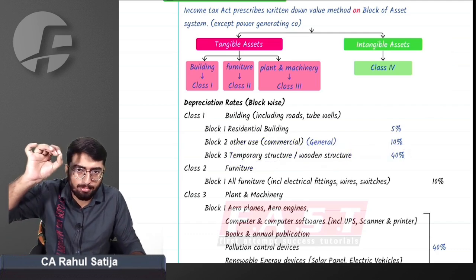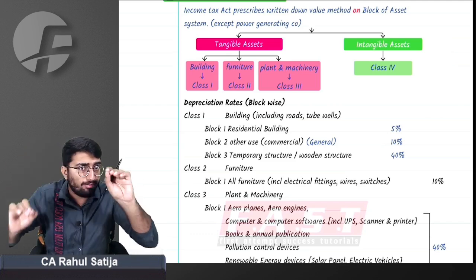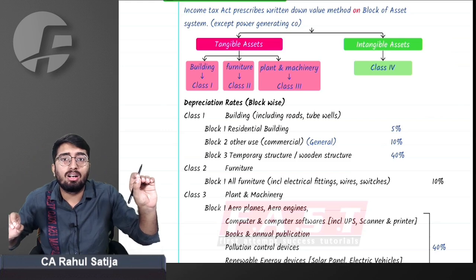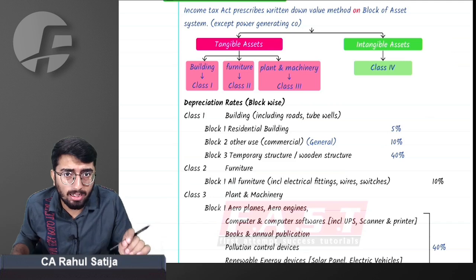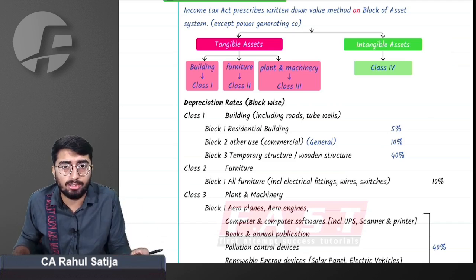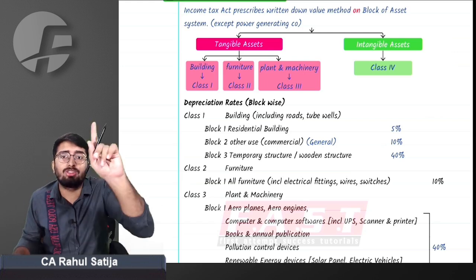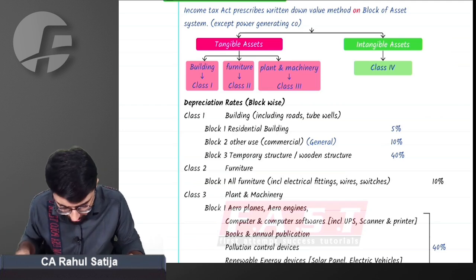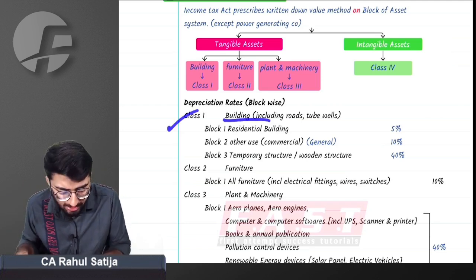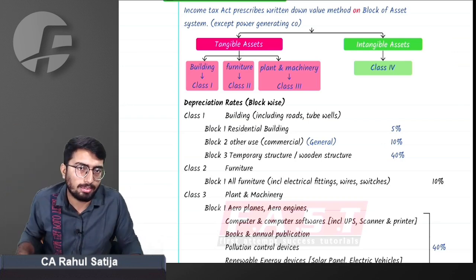So for different categories of buildings, different depreciation rates have been prescribed. Any building falling under the same depreciation rate will be considered part of a block, and depreciation on the whole block will be charged as a whole, not on the individual asset. Got this point or not? Class 1 building: residential building 5%, other building 10%, and wooden building 40%.